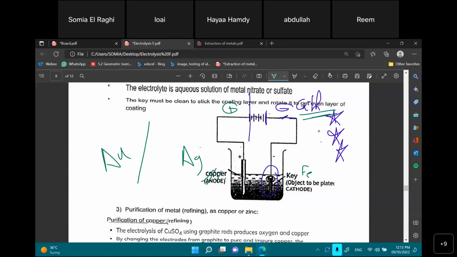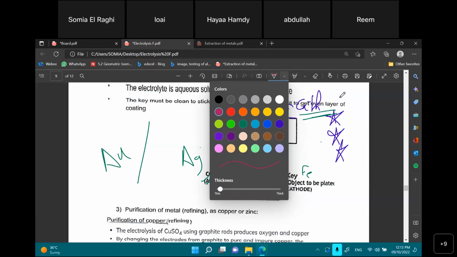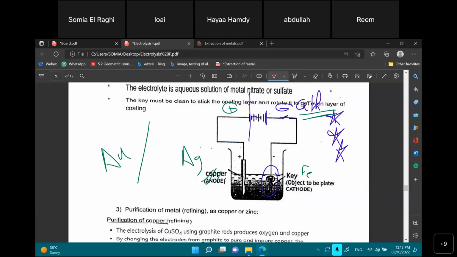Once you studied that, you can write down the two equations easily because it is the same way as purification. What we write down at the anode dissolves. Assume I'm doing silver. Silver will dissolve, forming silver ion and electron. Where does this silver ion go? In the electrolyte itself.